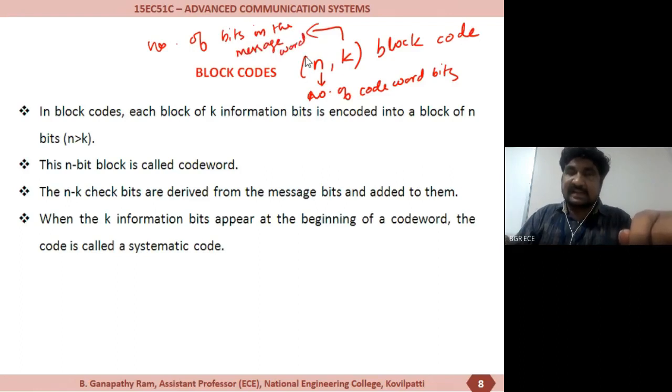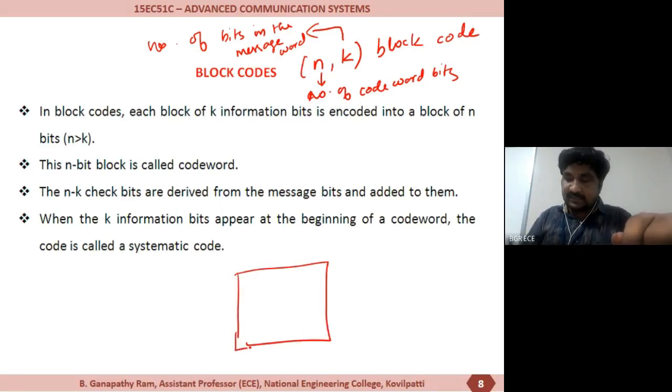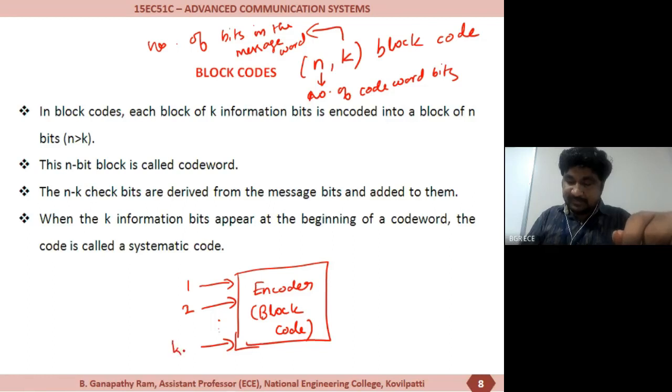And as we have already discussed, the encoder of the block code consists of k bits at the input.